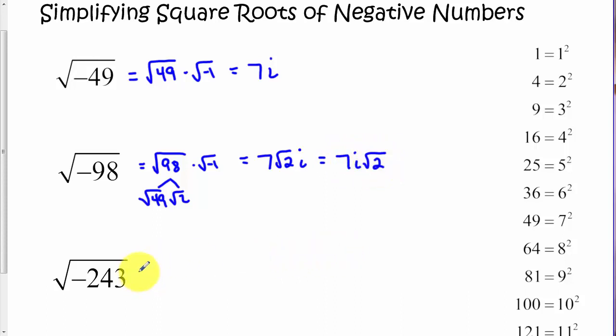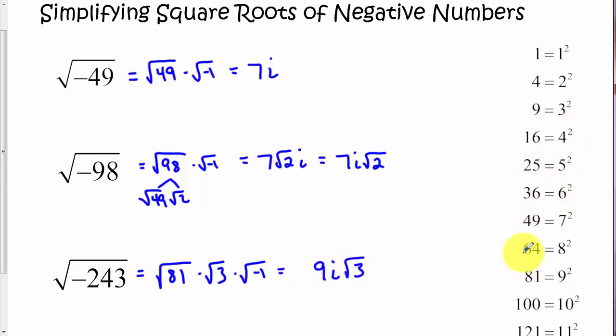And here 243 is divisible by 81, so we get the square root of 81 times the square root of 3 times the square root of -1, which is 9. Now I'll put the i here, square root of 3.